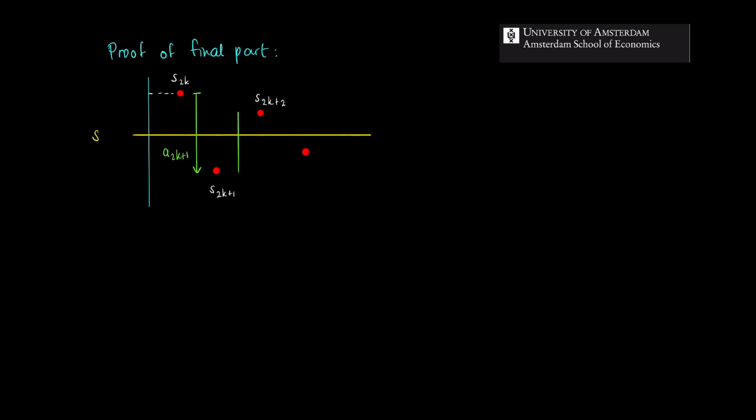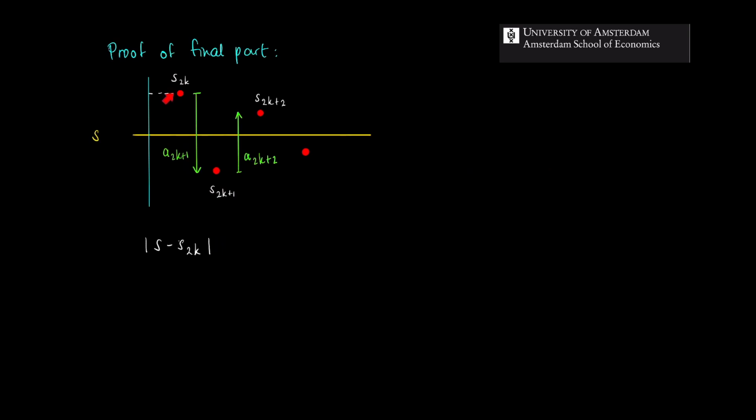And by going up from S2k plus 1 to S2k plus 2, we're going to add something positive, and the positive element there is a2k plus 2. You see that every time we make a jump, and this jump is getting smaller and smaller as an is a decreasing sequence. So now suppose we look at the difference of S with S2k, right?